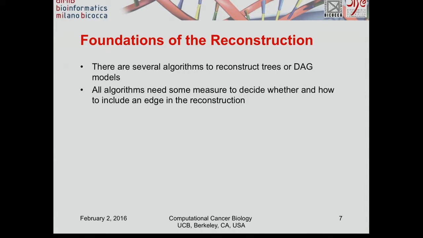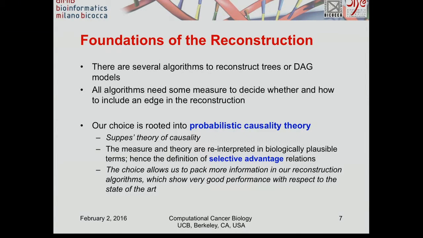And of course, some of the people sitting in the audience have been doing a lot of work on this. All algorithms need some measure to decide whether and how to include an arc. Our choice is rooted in probabilistic causality theory. We are using a score which is derived from the theory of probabilistic causality that was developed by Suppes at Stanford over the years. He passed away about a year ago, if I remember correctly.